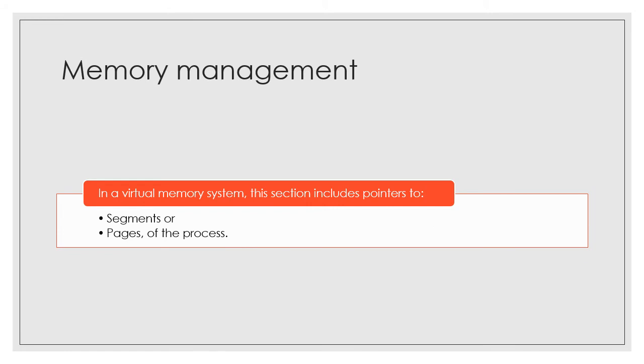Memory management. In a virtual memory system, this section includes pointers to segments or pages of the process. I told you previously that the whole process image is divided into chunks. All chunks of the process are loaded in the hard disk area of virtual memory.